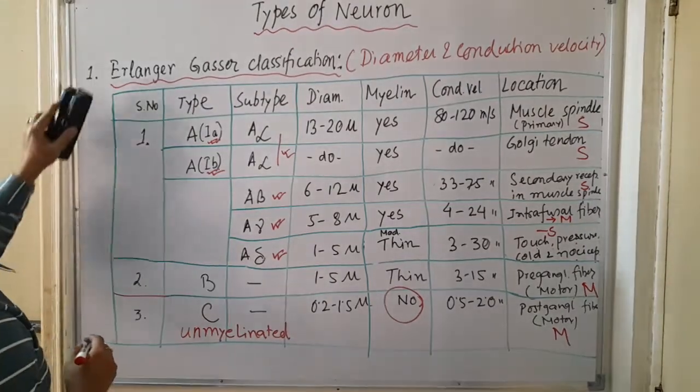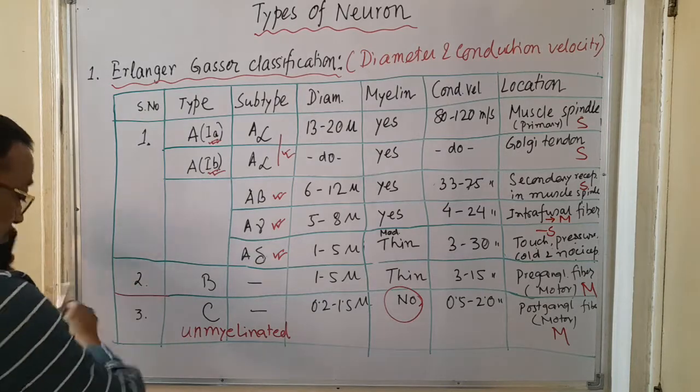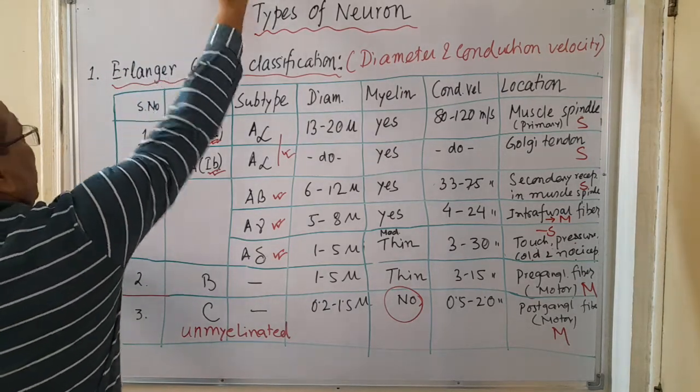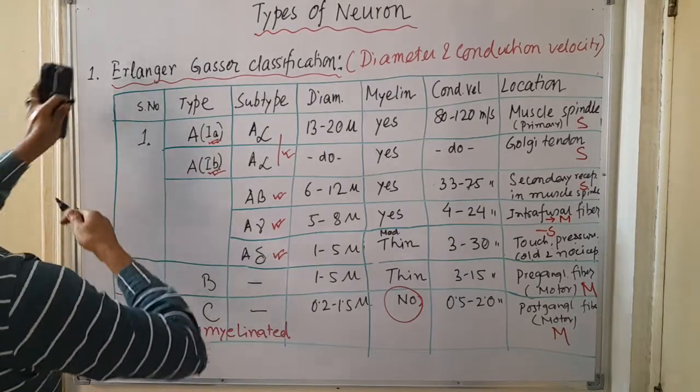The second type of classification is on the basis of polarity.